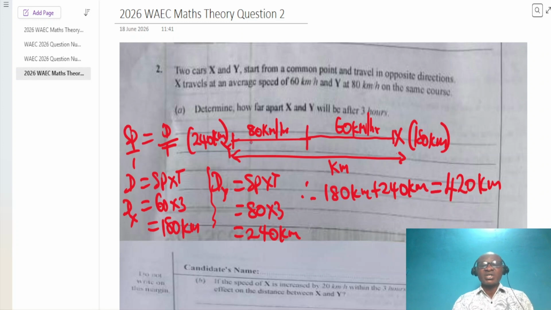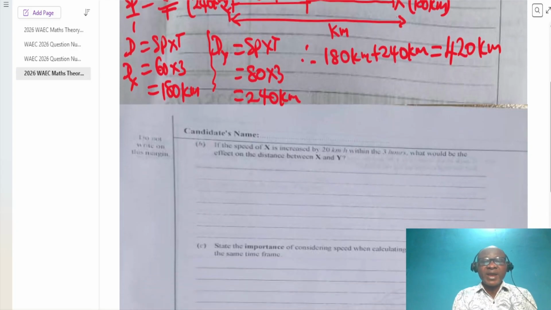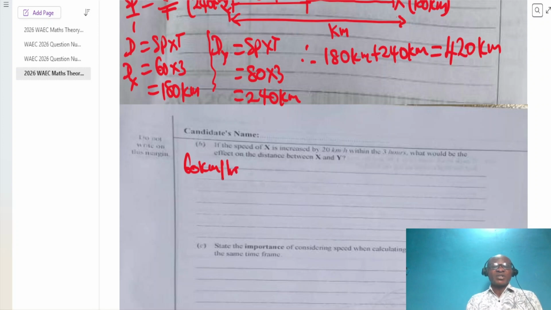All right, let us now move to question number 2B. And that is said, if the speed of X is increased by 20 kilometers per hour within the 3 hours, what would be the effect on the distance between X and Y? Okay, let's see. The speed of X initially was 60 kilometers per hour.